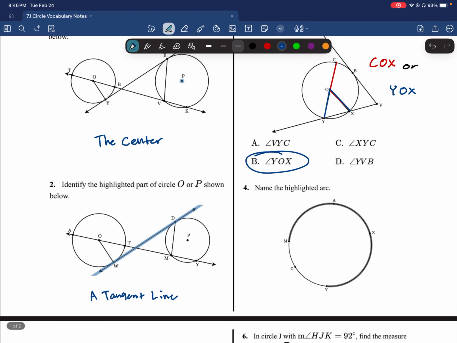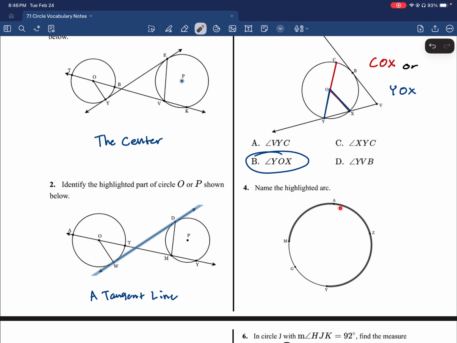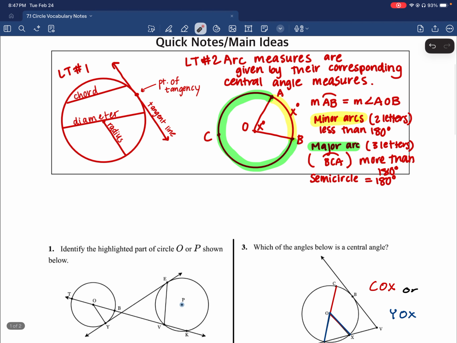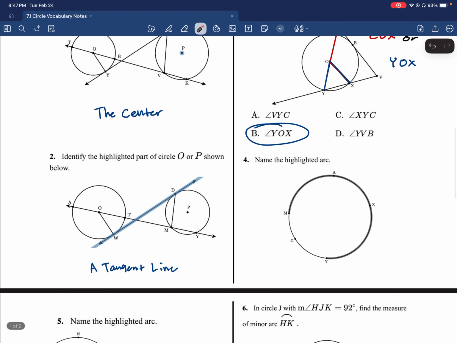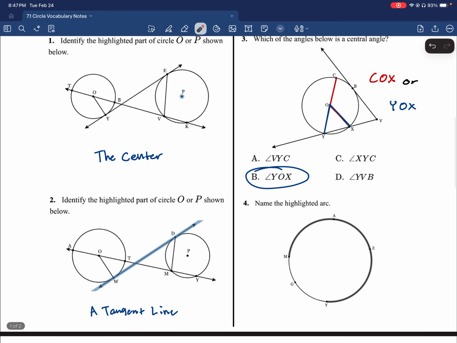All right, question 4, name the highlighted arc. Here's my arc right here. First off, this is a major arc because it is bigger than 180 degrees, right? So if I go back to my quick notes, for major arcs I need to say 3 letters. Those 3 letters always need to include the start point and the end point.